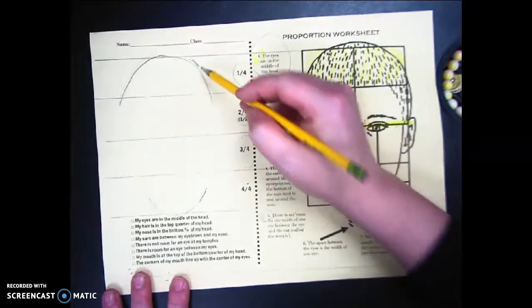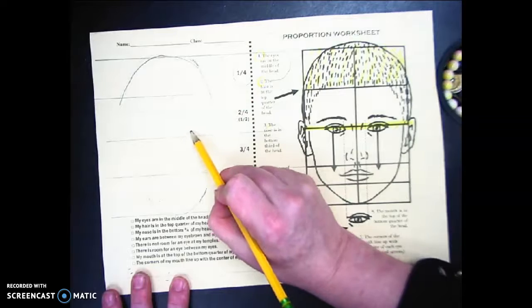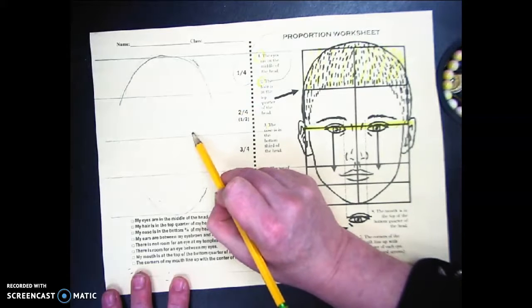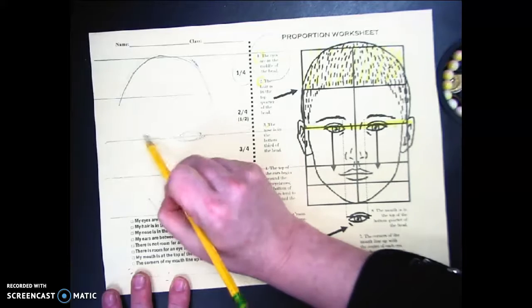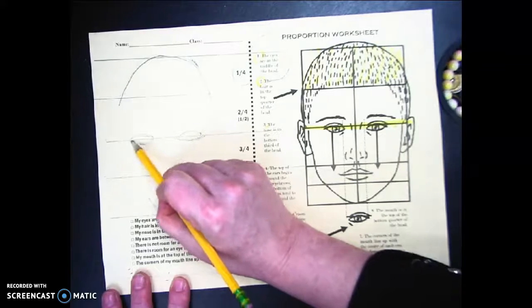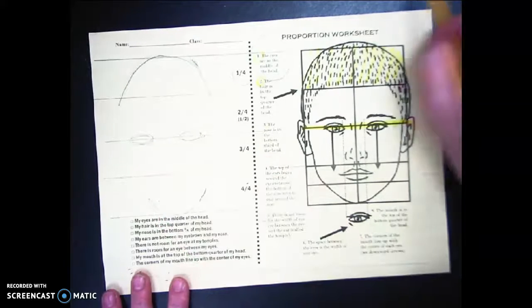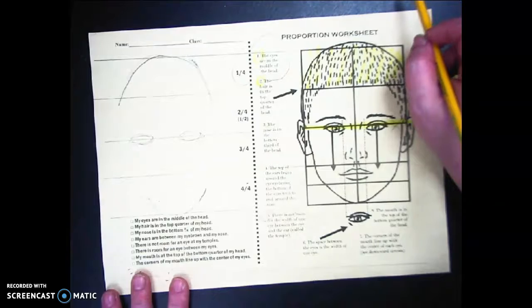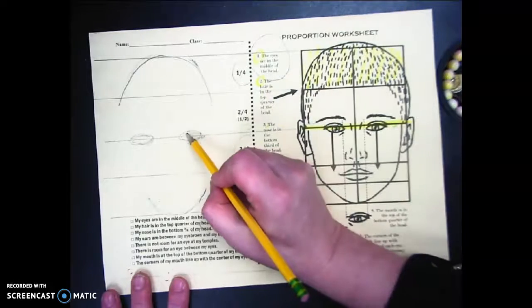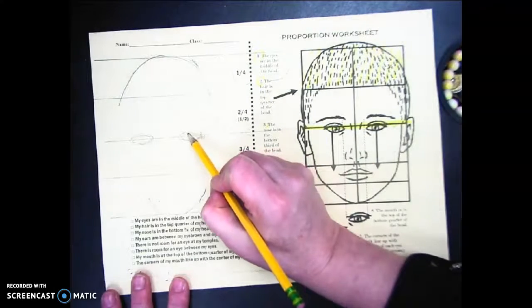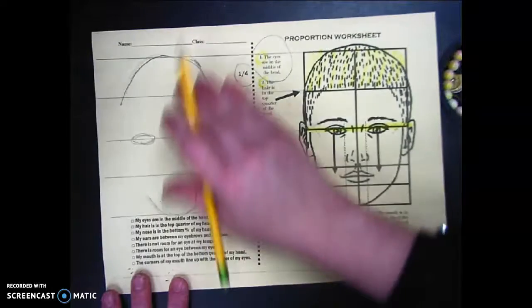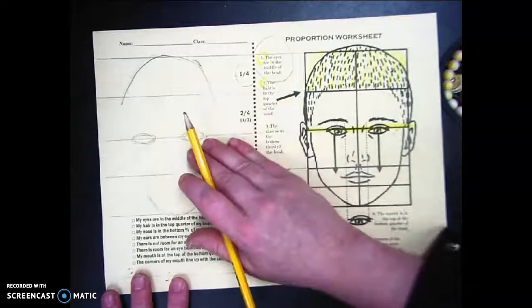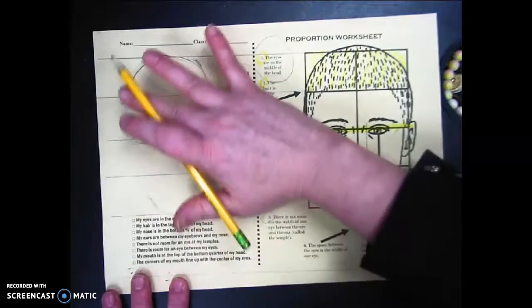You also know that your eyes are going to be on the 50-yard line right in the middle, so you could also begin drawing your eyes right on that line. Sometimes starting gets a little difficult, so if you're going to start drawing your face, just start with one of these things. Start with your chin, start with the top of your head, start with your eyes, and move out from there.